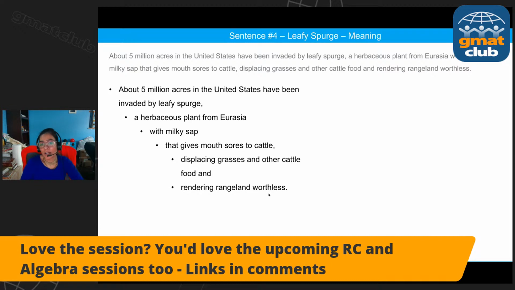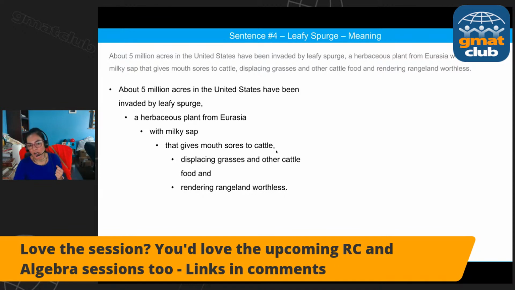From the context of the sentence we can infer that cattle will not go to eat leaves on a patch where leafy spurge is growing, because when they eat leafy spurge they get mouth sores, and nobody wants to be in pain, right? So the second action over here is actually the outcome of the displacement of grasses.